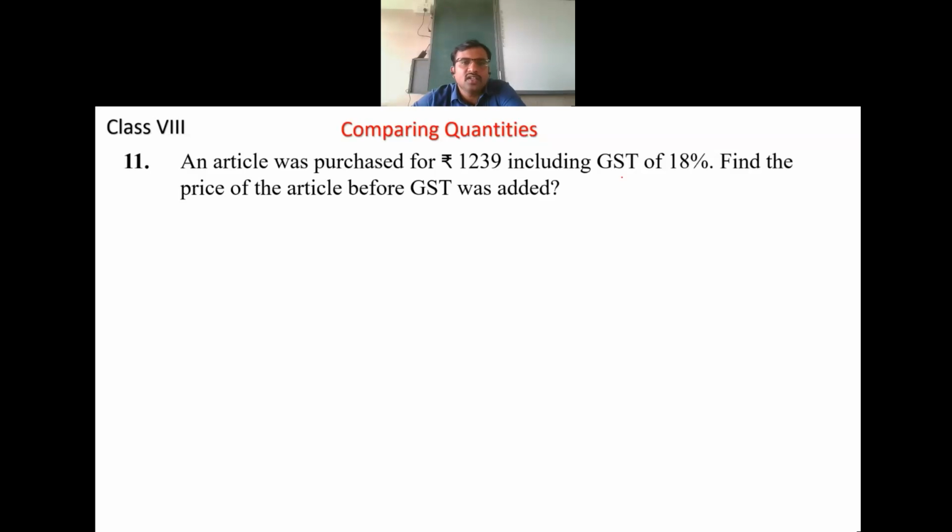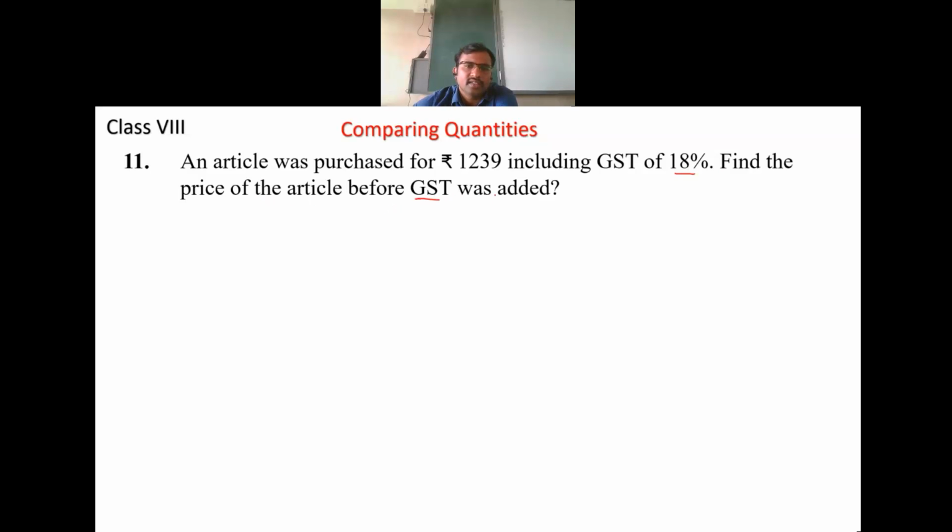That's called GST. Here the question is: an article was purchased for rupees 1,239, including GST of 18%. Find the price of the article before GST was added.